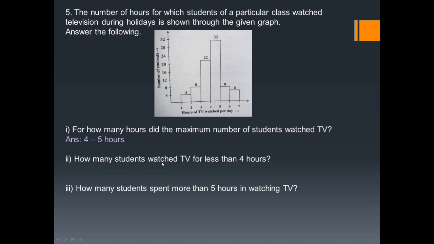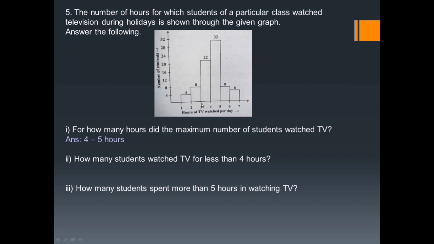Then the second question is how many students watch TV for less than 4 hours? Less than 4 hours means from here. This is 8, and with this 4 becomes 12, no? 8 plus 4 is 12.